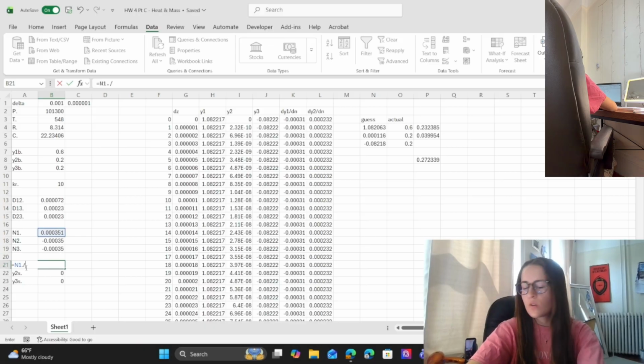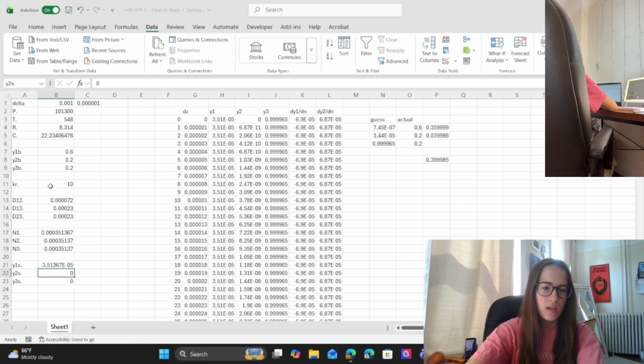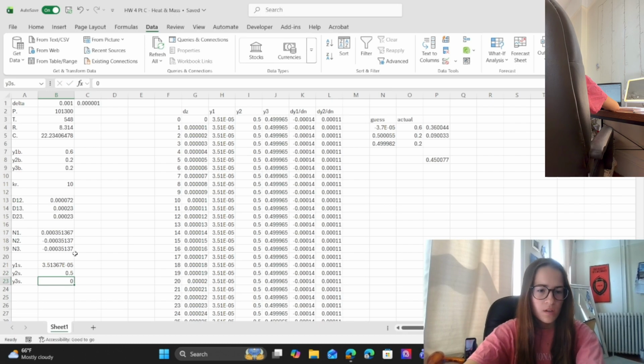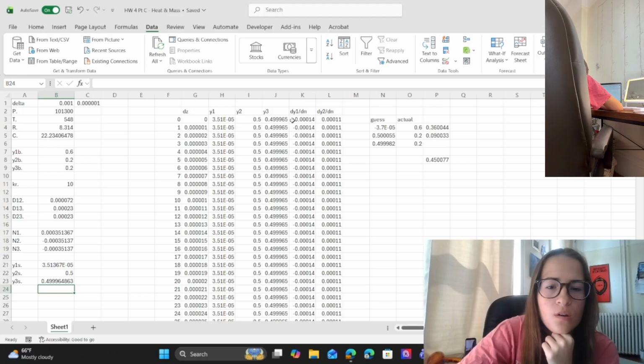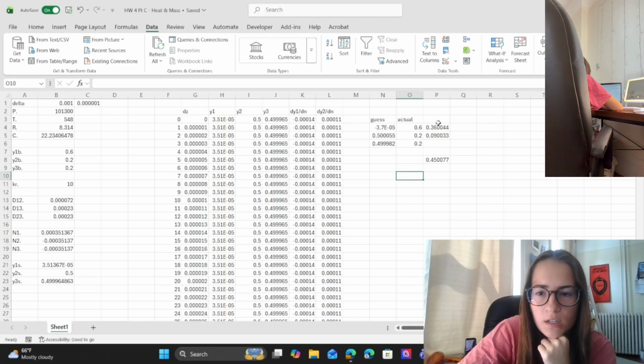So the N1 divided by KR again, this is equal to 0.5, and then this one was equal to 1 minus 0.5 minus this here. Okay, so now we've reset this. This looks a little bit better. Let's try to use Solver on these numbers.